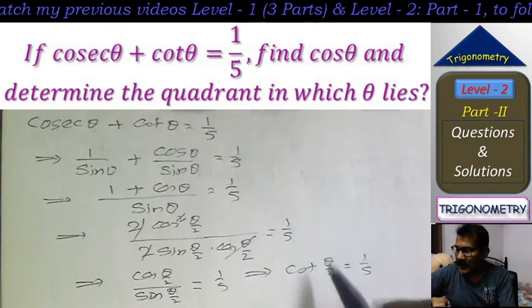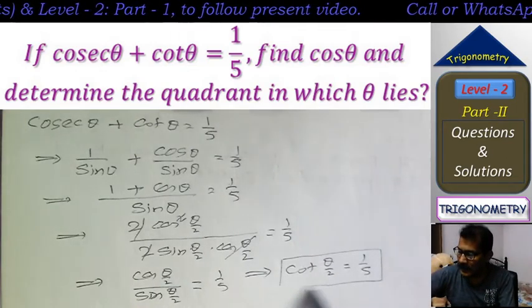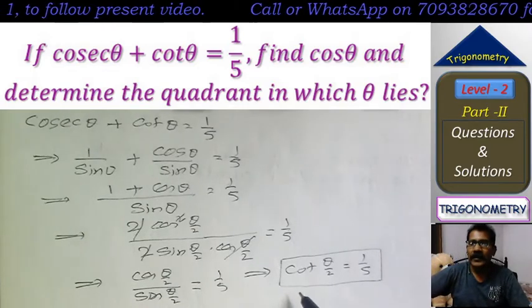Here cot theta by 2 is 1 by 5. By using this we can find out cos theta value.